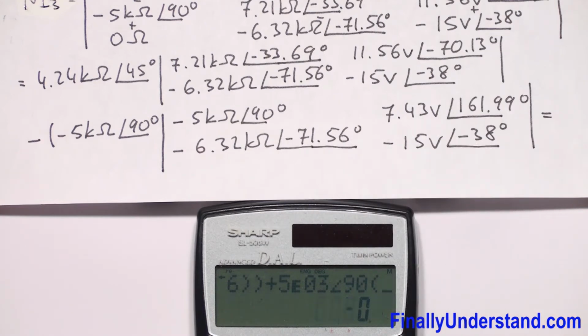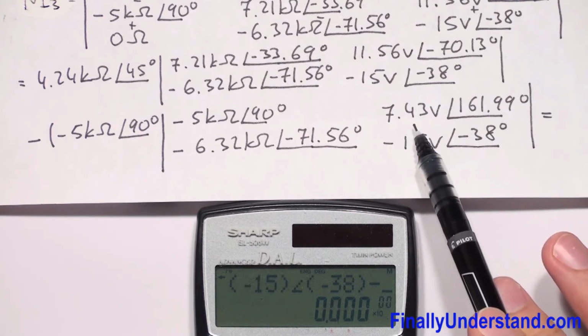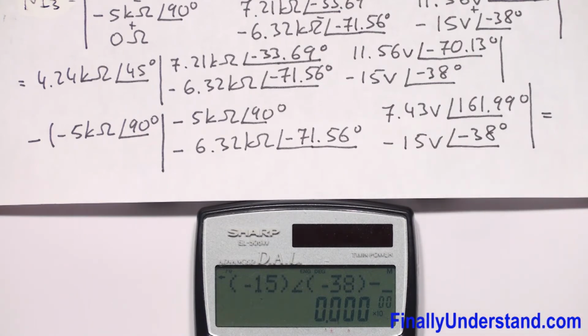Okay, so I have negative 5 exponent 3 angle of 90 times 15 negative and angle of 38 negative minus 7.43 volts, 7.43 volts and angle of 161.99 times negative 6.32 exponent 3 and angle of 71.56 negative, close parenthesis.